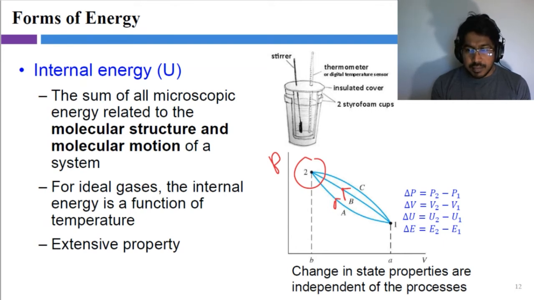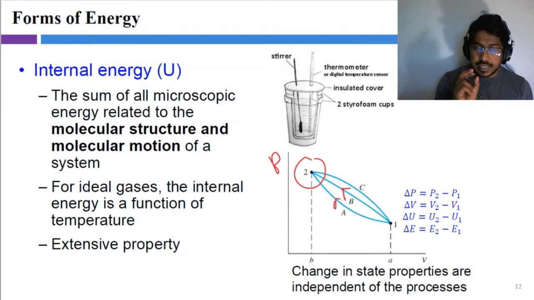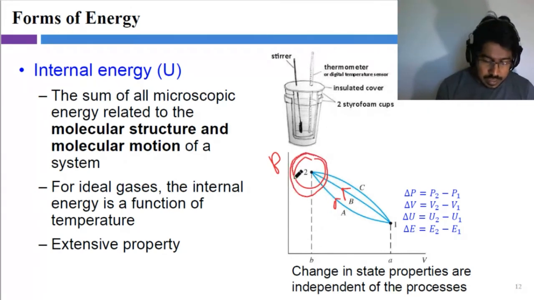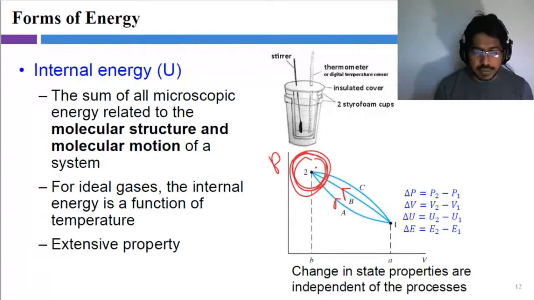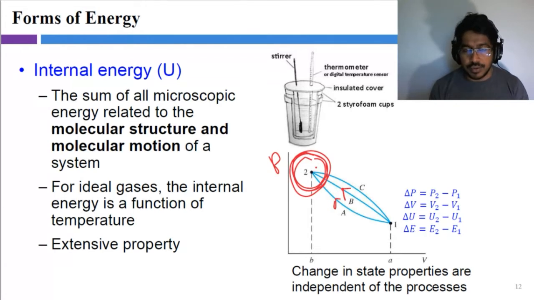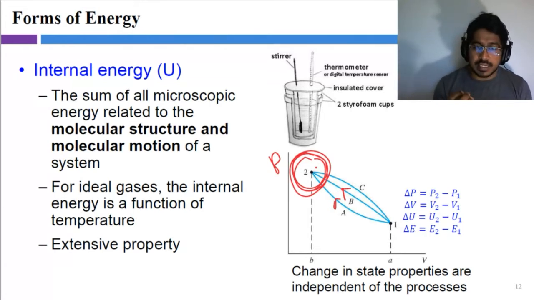It changes, but specific internal energy does not change. At that given state, specific internal energy does not change, right? So specific internal energy is a property. It depends on temperature, we agree, right? Temperature and pressure sometimes.